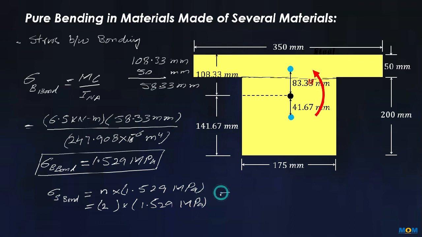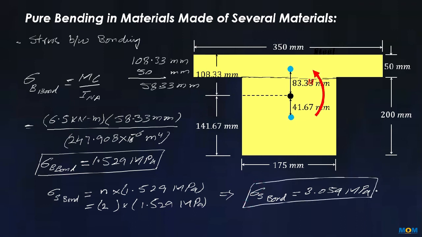So the stress for the case of steel at the bond comes out to be 3.059 megapascal. So with this we end our discussion here.